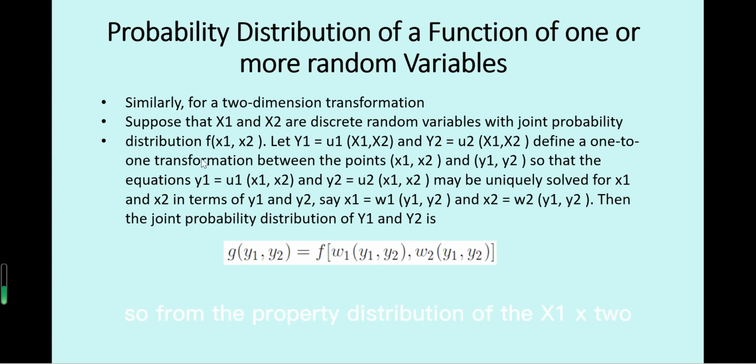So the joint probability distribution of x1, x2 can be used for g(y1, y2), with the values being the inverse functions of x1 and x2 in terms of y1 and y2, which are w1(y1, y2) and w2(y1, y2). Because they are a one-to-one transformation. This is very important.